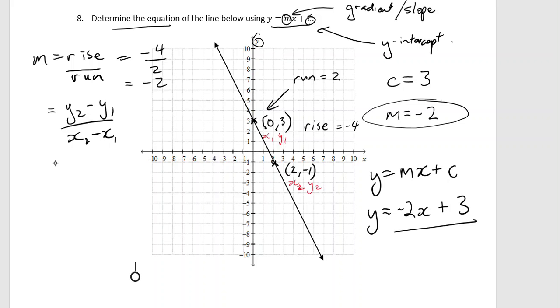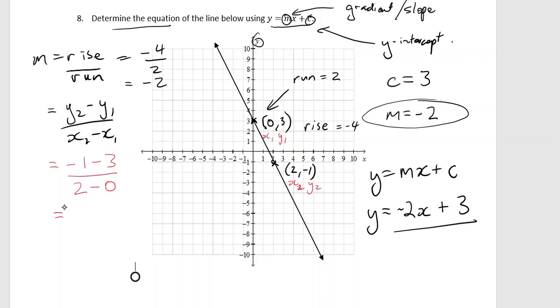And if we substitute into that formula, let's look and we say y2 is -1 minus y1, y1 is 3, all over x2, which is 2, minus x1, which is 0.